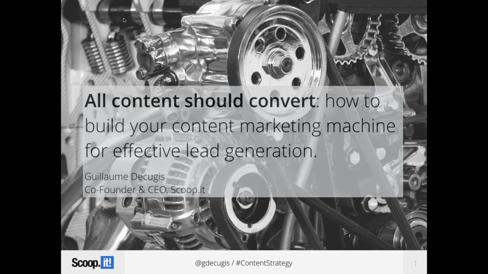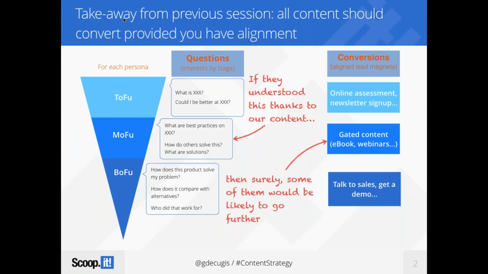All right. So again, we're going to talk about how to build an effective machine with content to generate leads. And for those of you who were not here, a quick recap on what we covered last time. This is a series of webinars to help you generate leads with content.